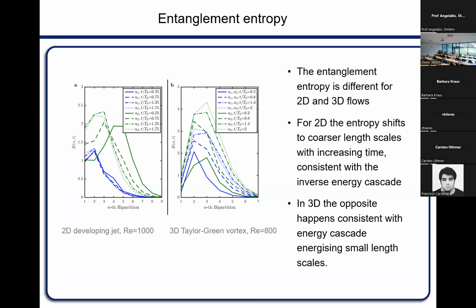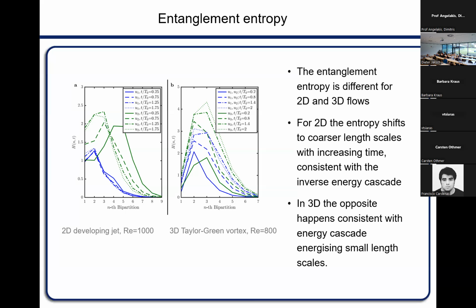And as time goes on, these correlations move to larger and larger length scales. And that's, of course, precisely consistent with the usual notion that in 2 spatial dimensions, you have an inverse energy cascade, and hence energy should be transported basically from these blue curves to the green curves. And in the 3D case, we have exactly the opposite happening.